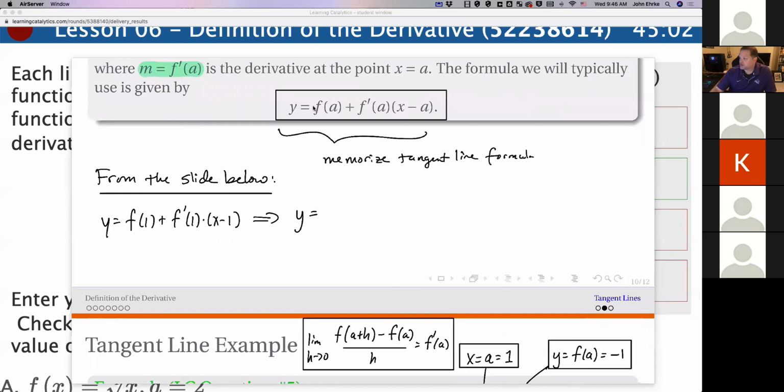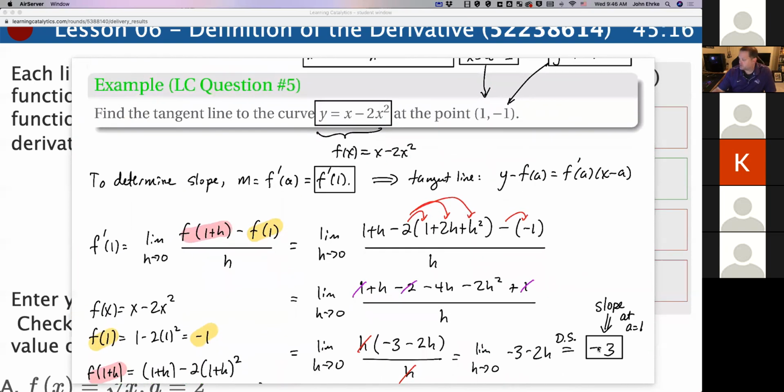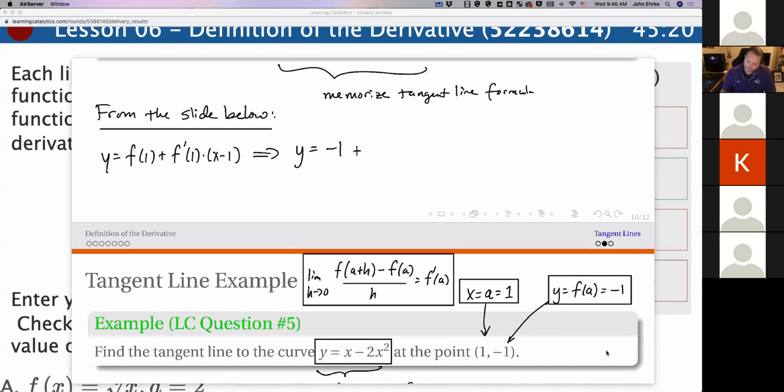So that's just this tangent line formula. The point A was 1 on this previous problem. F at 1 turned out to be -1. The derivative turned out to be -3. So f prime at 1 is -3 times x minus 1, because the a value, once again, the a value was 1.